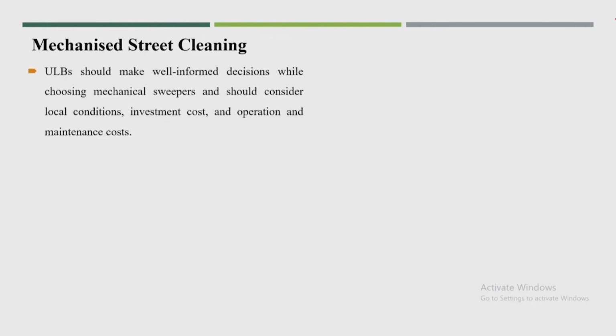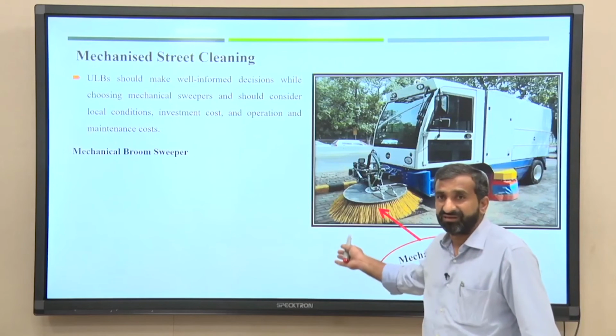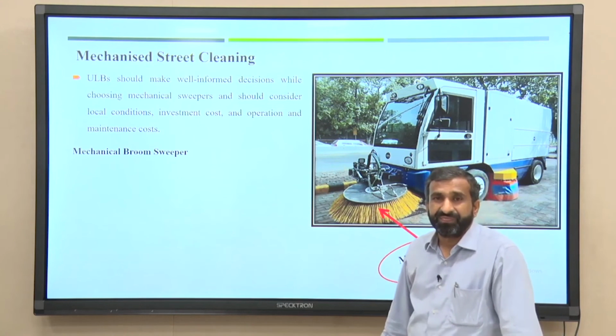Now, mechanized street cleaning. ULB should make a well informed decision while choosing a mechanical sweeper, and should consider the local conditions. Here a mechanical broom is provided, but ULB should properly define in which particular locations they employ such mechanical sweepers.